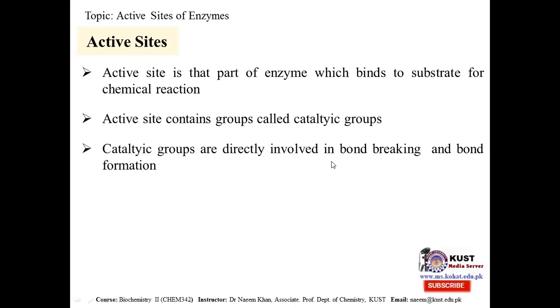They are directly involved in bond breaking and bond formation. We know that in a chemical reaction, some bonds are broken and new bonds are formed because a new substance is formed.